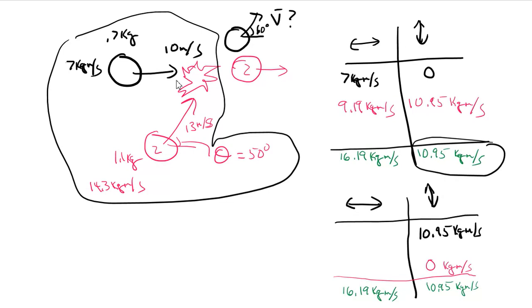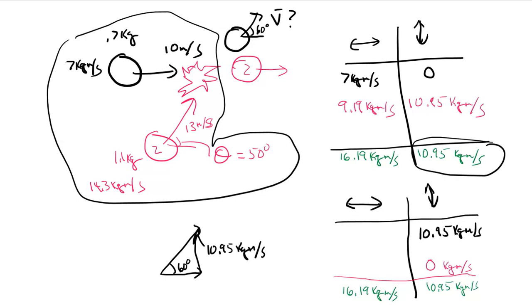So what do I know? Well, I know for this ball, this is 60 degrees. This I don't know, but this is 10.95 kilogram meter per second. So the 60 degrees I would have to give you at the beginning of the problem, but I can get the other side.